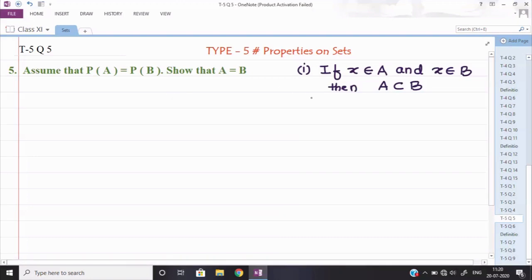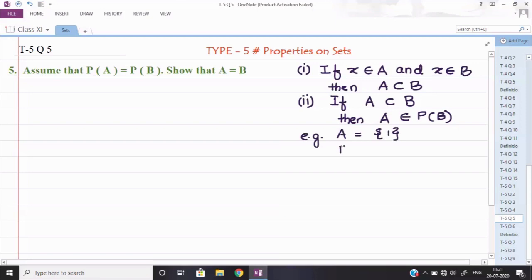The second rule which we will use over here is this: suppose A is a subset of B. Suppose a set is given to us and we say that A is a subset of B. Then we can say that the set A will belong to the power set of B. I will make this clear with an example. Suppose A is equal to {1}, with one element 1, and B is equal to {1, 2}, with two elements 1 and 2.